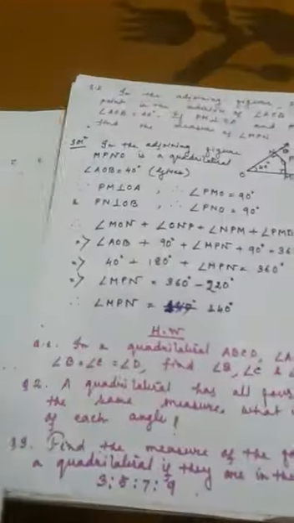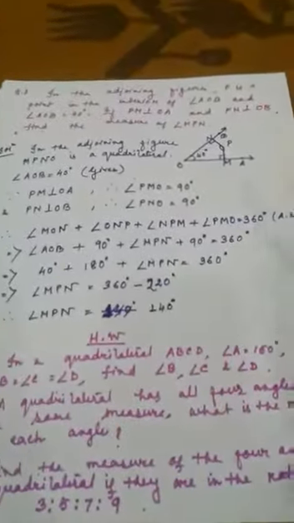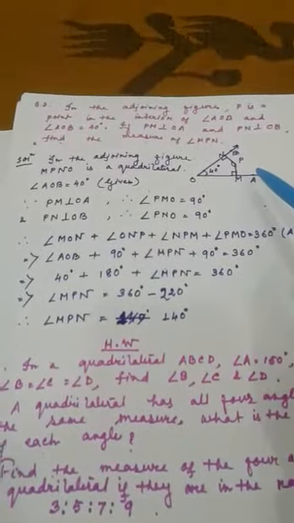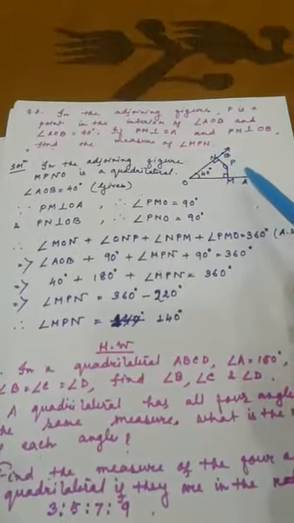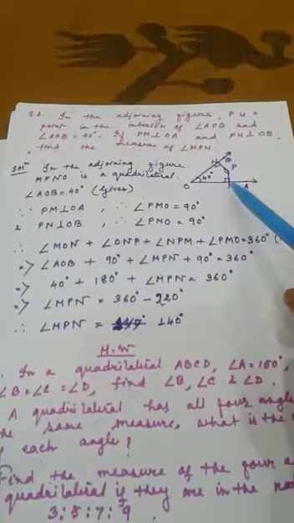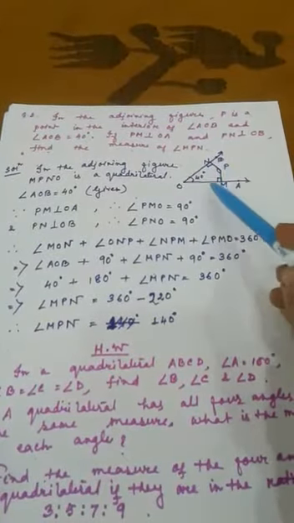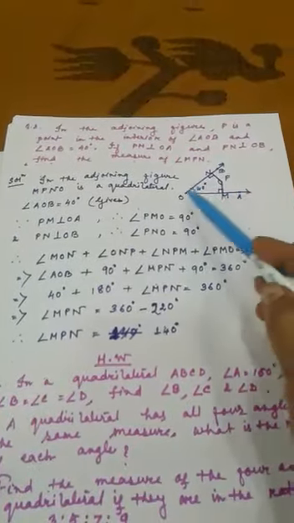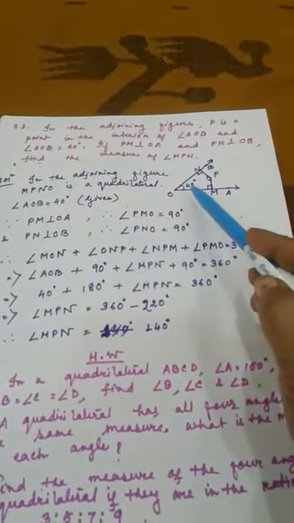Now in the next sum, one figure has been drawn. Clear? Where P is given as the interior of angle AOB and MONP is a quadrilateral. Now angle AOB is given to you as 40 degrees.